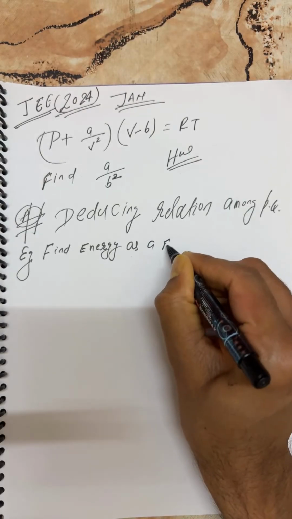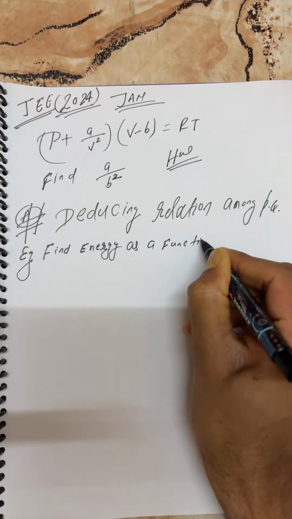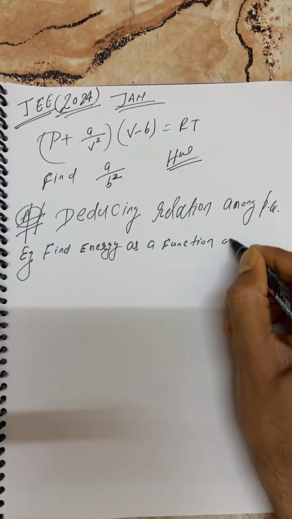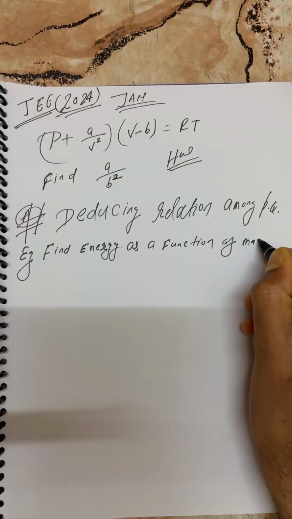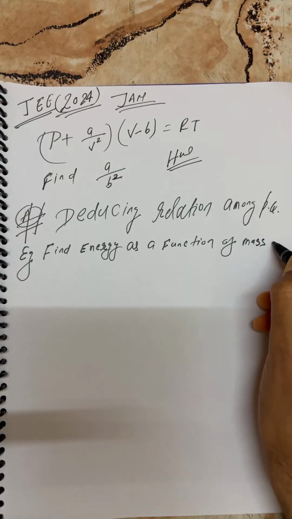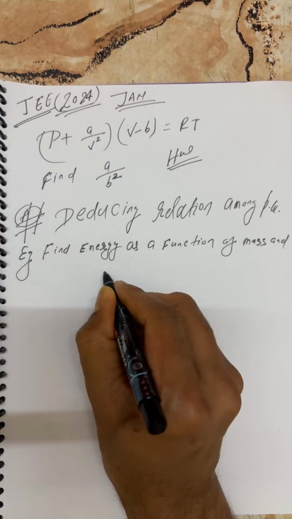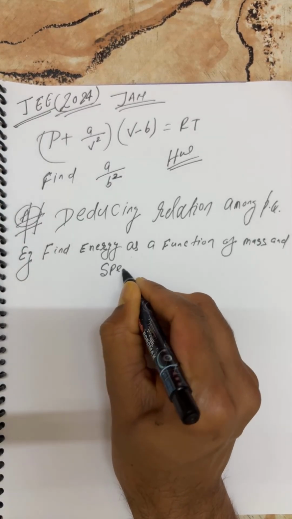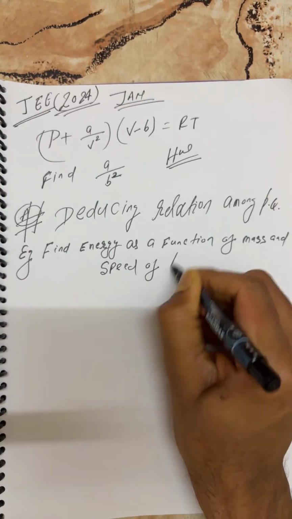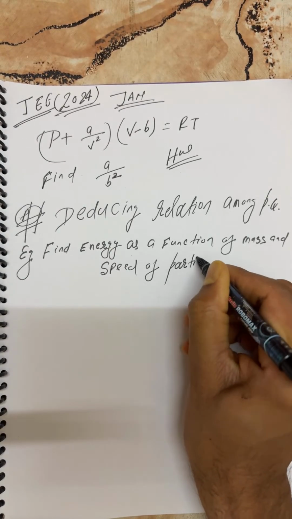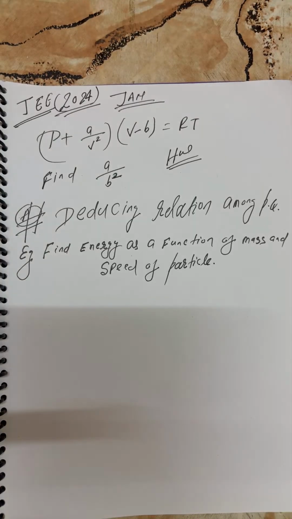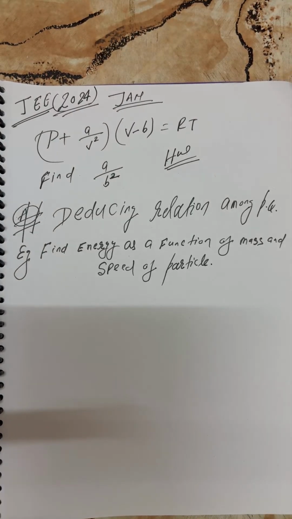Find energy as a function of mass and speed of particle. Mass and beta, that is speed of the particle.